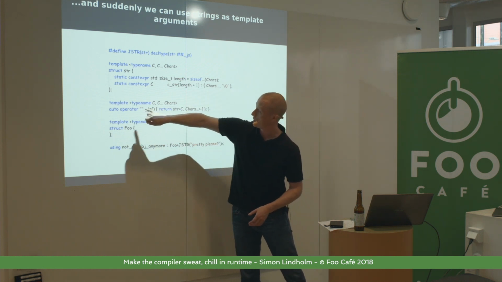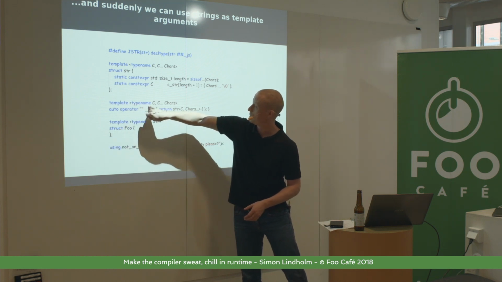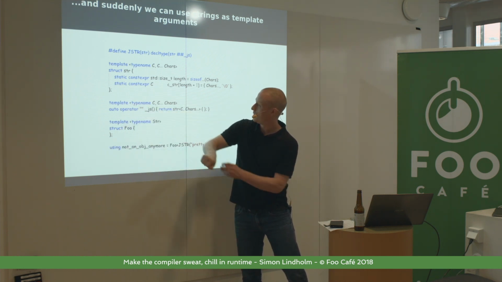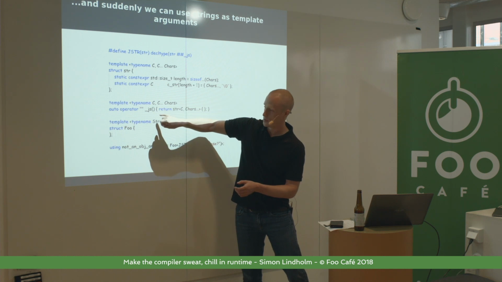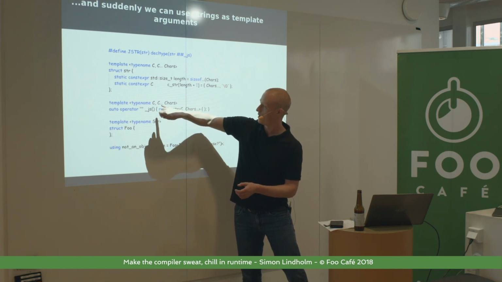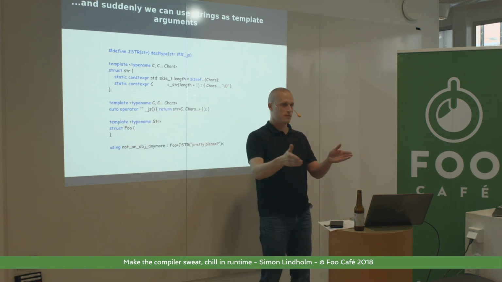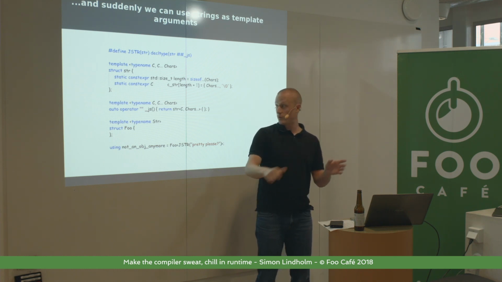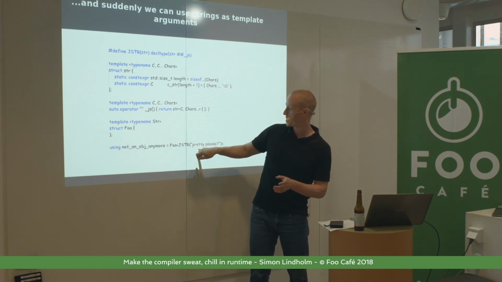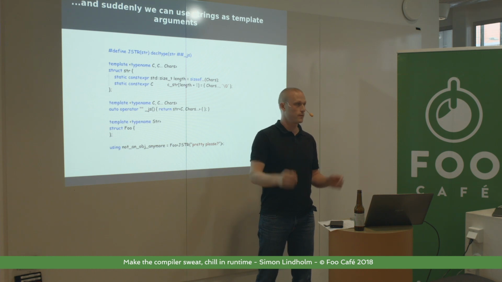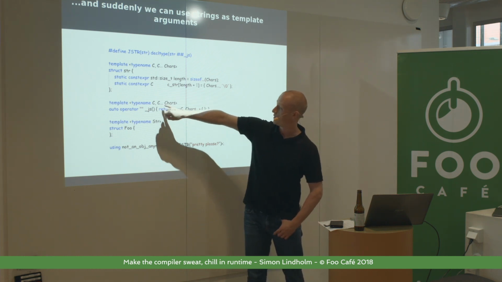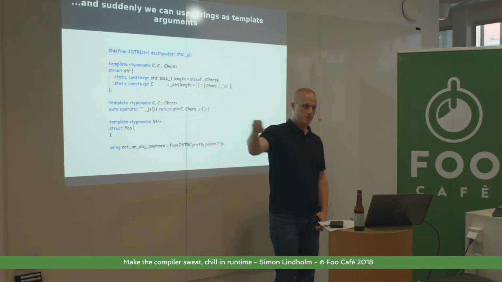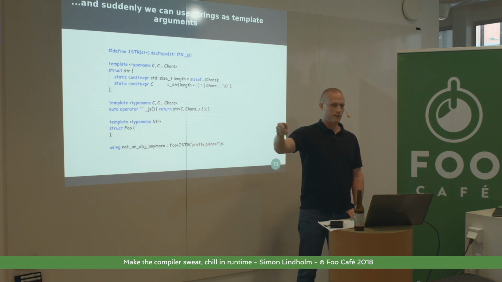So you're sending in as a template argument typename C, which is the character type, regular char in this case, or wchar_t if you're using a wide string, and then just the individual characters as values.